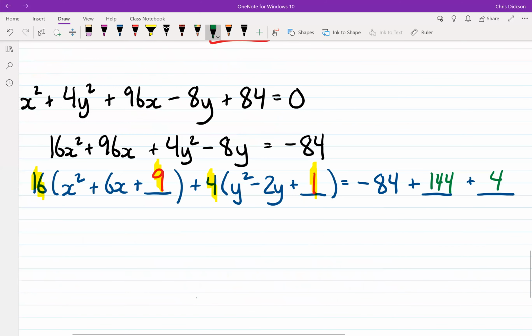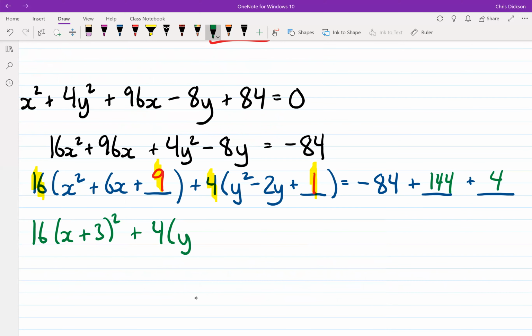Okay, so now we look at our 16 times x plus 3 all squared plus 4 times y minus 1 all squared equals, and now I go 144 plus 4 minus 84, and I get 64. Okay, so we're getting somewhere here. And now I want to divide both sides by 64 because I really want that side to be a 1 here.